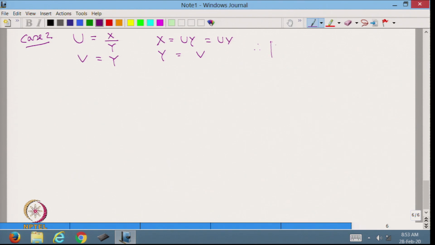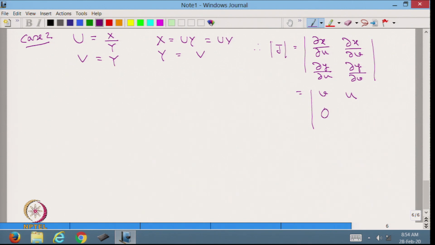Therefore, the Jacobian is equal to the determinant of del x del u, del x del v, del y del u, del y del v, where del x del u is equal to v, del x del v is equal to u, del y del u is equal to 0, and this is 1.